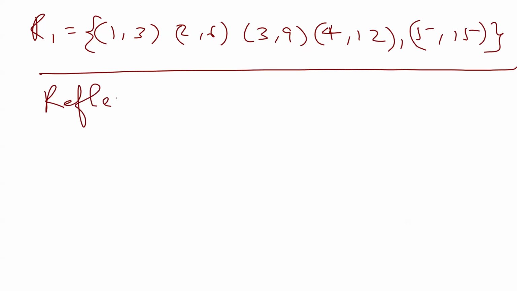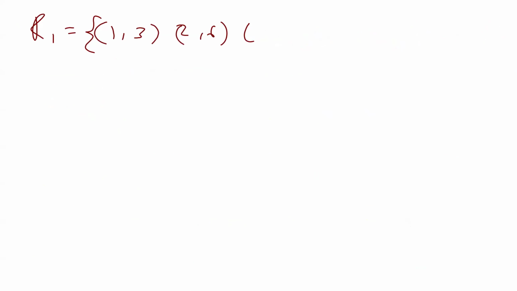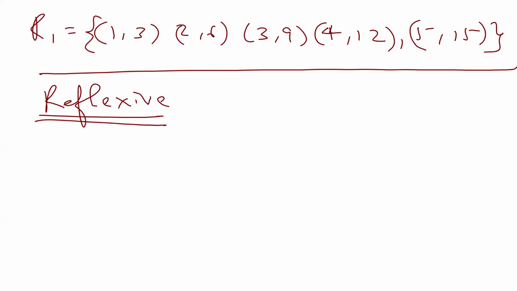Now first thing is reflexive. R1 is a relation on set A, and set A has all these numbers 1 to 15. So reflexive says (1, 1), (2, 2), (3, 3), (4, 4), (5, 5), (6, 6) till (15, 15).